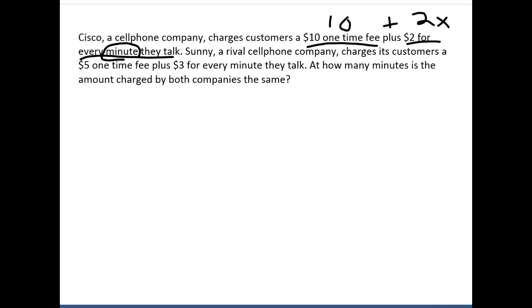So our y would have to be the charge. The amount they charge is $10 plus 2 times however many minutes you've talked.